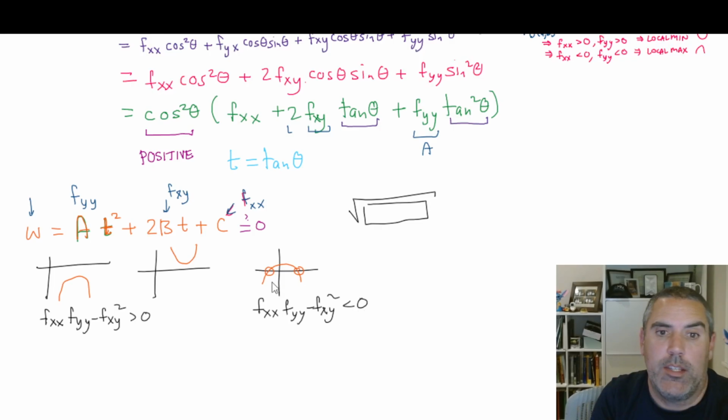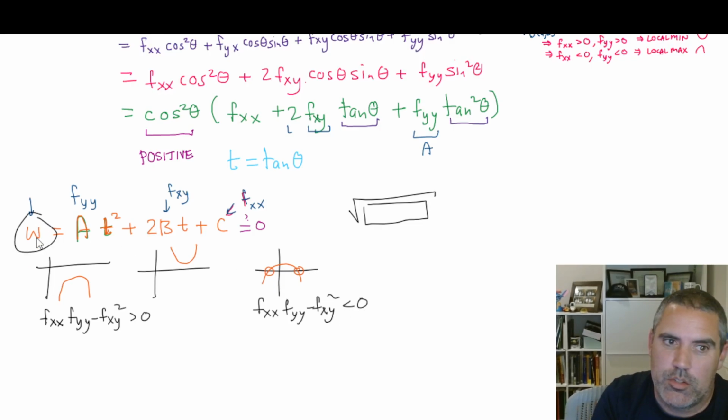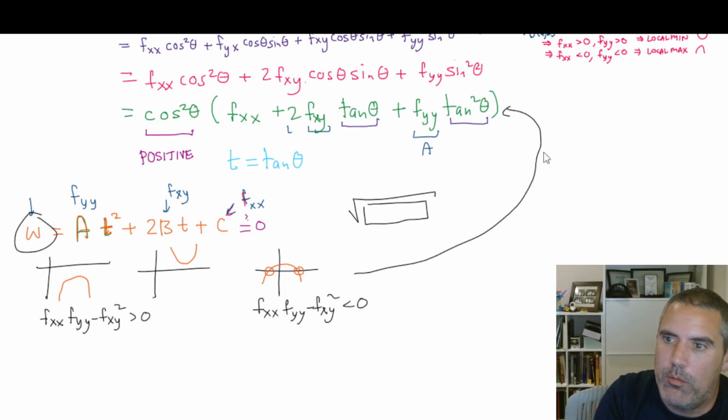If that's happening, then that means this function will be both positive and negative. That means this will be both positive and negative. So it's an interesting little bit of logic.